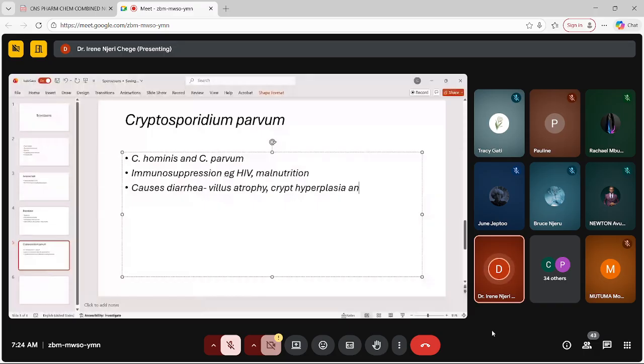And also it causes an increase in leukocytes in the lamina propria.